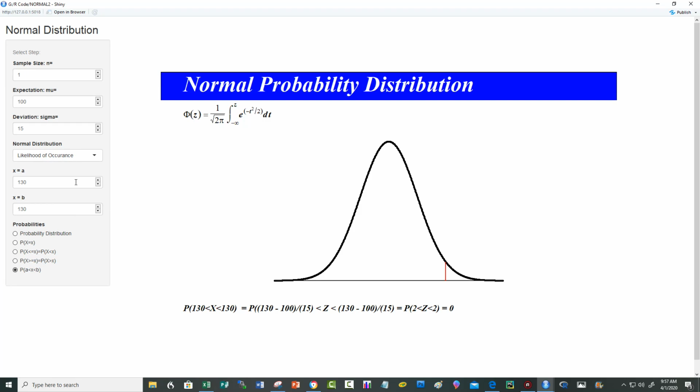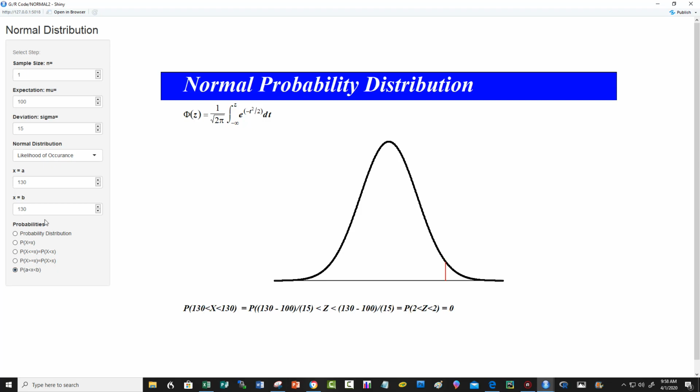The reason it's not showing anything is because right now it's from 130 to 130. And lines don't have area. So this is why we always use a chart to the left, because we can find small differences. If we estimated this, we would go a little bit to the left and a little bit to the right and estimate a tiny probability.